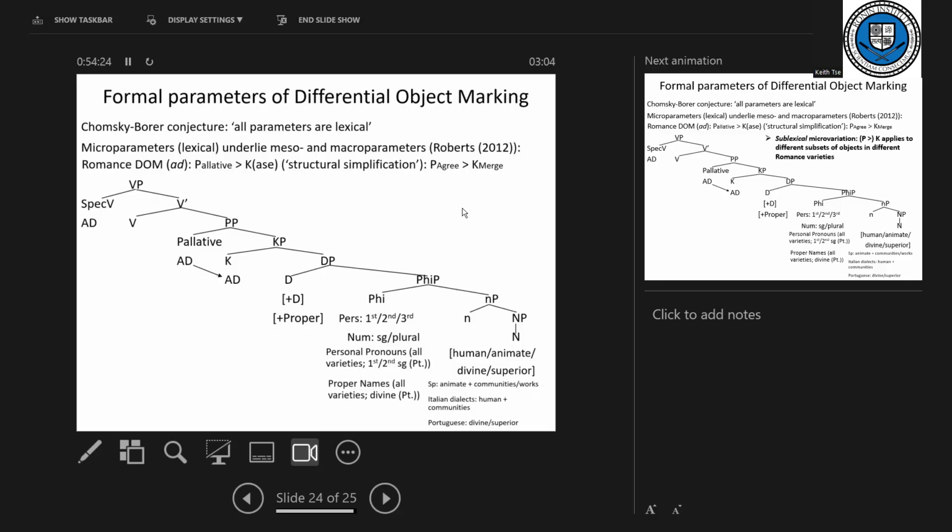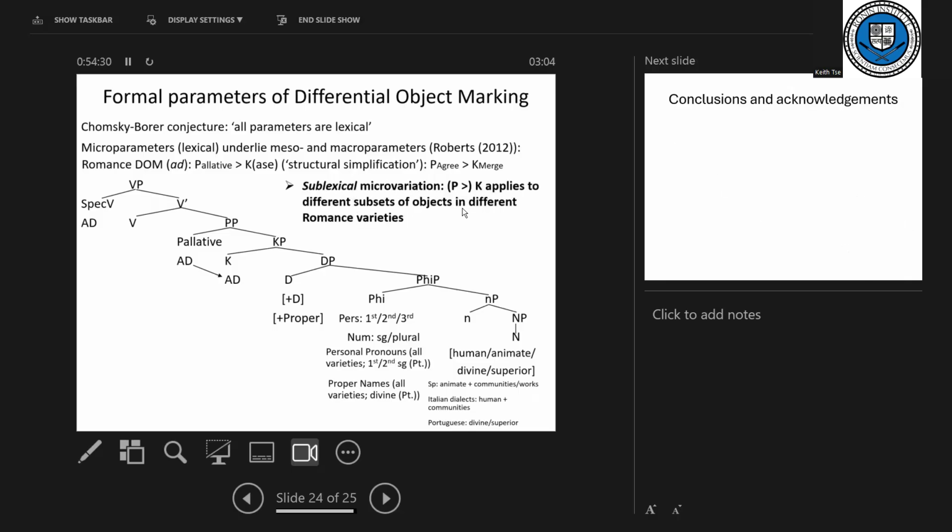Proper names, even though in Portuguese it's only divinity. So there seems to be a significant amount of sub-lexical and micro variation. So even within this lexical change, there's a higher level of granularity that determines the variation in the Romance varieties.